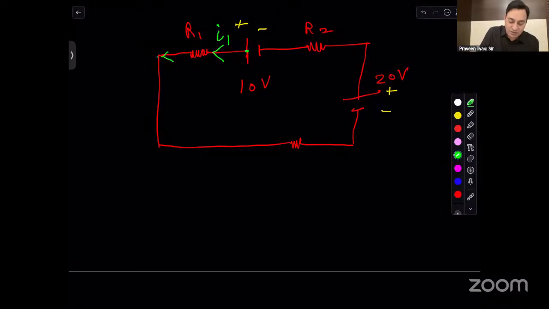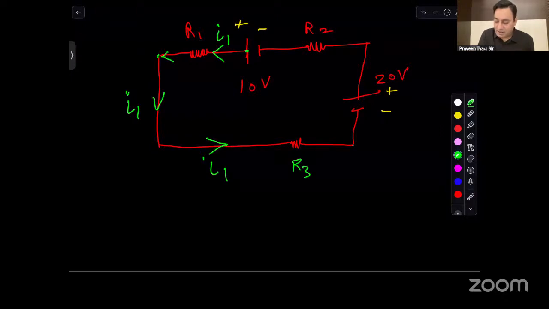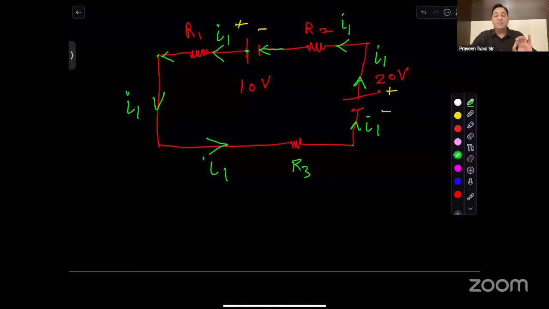Now, this is not a junction, it is only a turn. So I1 current is coming, I1 current is coming, I1 current flew through this resistance. This is R3, suppose. And they reached this battery. I1 current entered this battery. So the same amount of current, I1, should leave this battery. Now, please remember one thing.